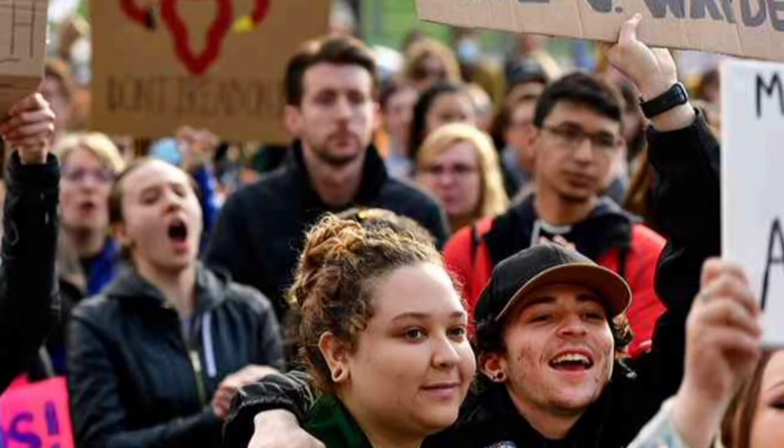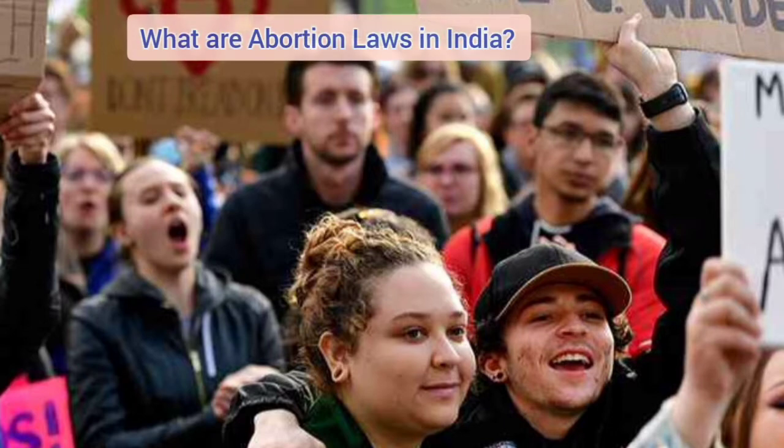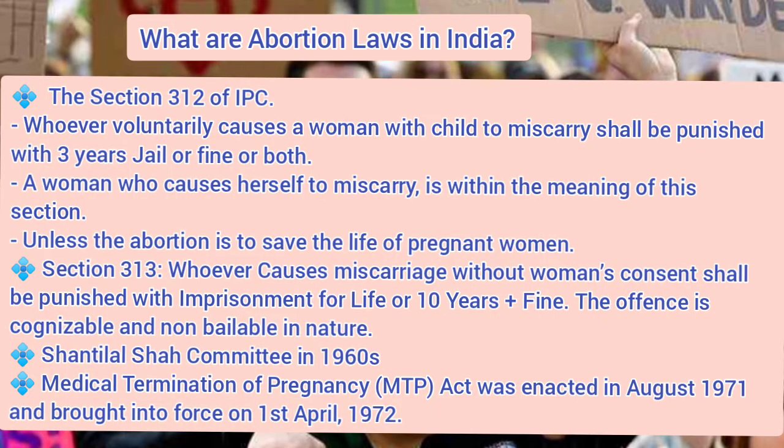Now let us know what the abortion laws in India are. Let me tell you the background of abortion laws in India. Until the 1960s, abortion was illegal in India under sections 312 and 313 of the Indian Penal Code 1860.